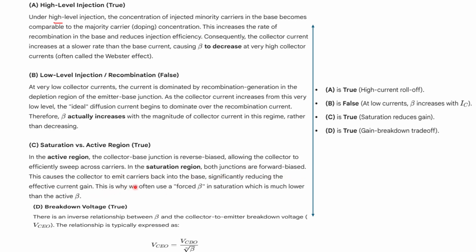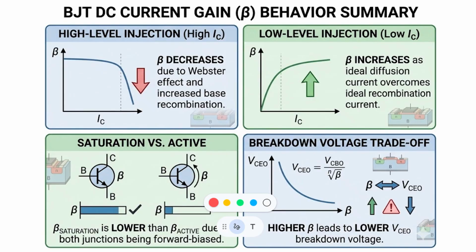This causes the collector to emit carriers back into the base, significantly reducing the effective current gain. That is why beta in saturation is much lower compared to the active. Okay, so the answer is A, C, D are correct.